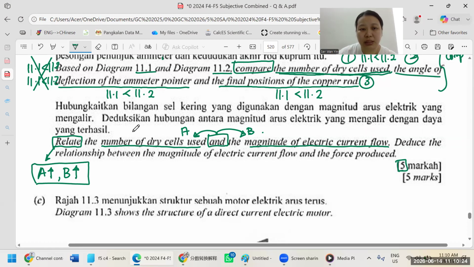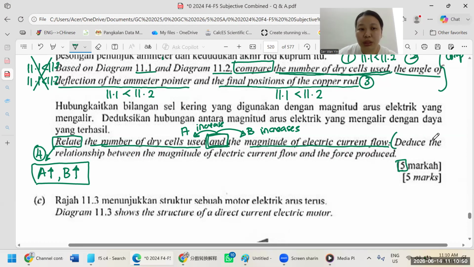This is the relationship. So the number of dry cells used increases, A. The magnitude of electric current flow, B, also increases. Now see, when they say relate, N is important. Then this is the 4 marks.